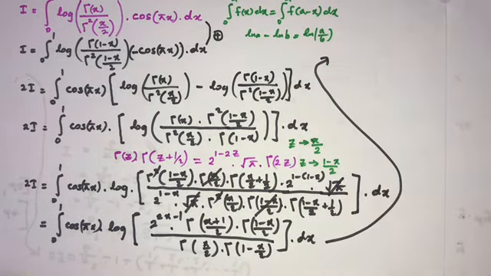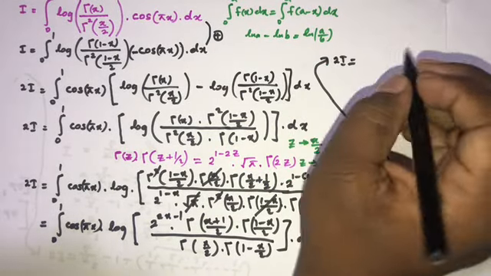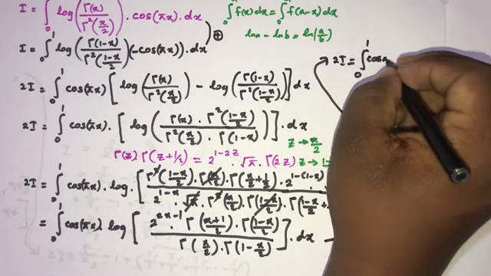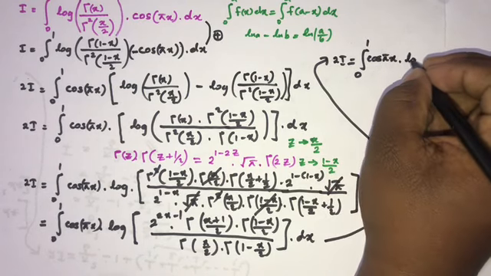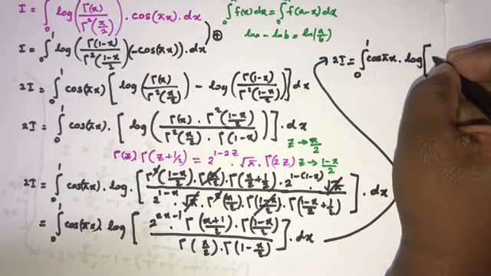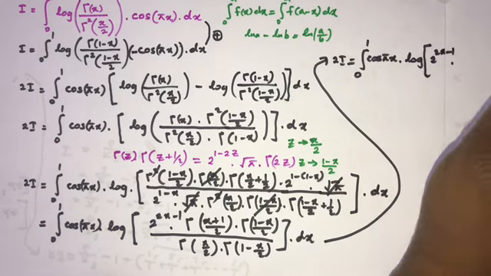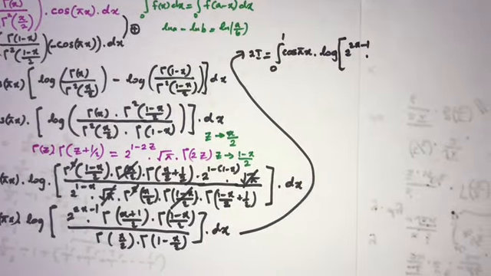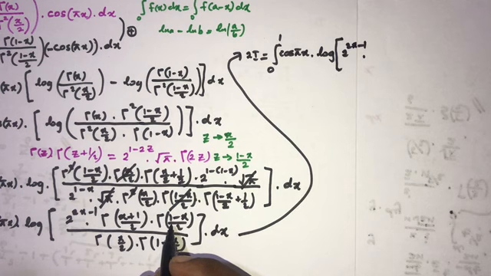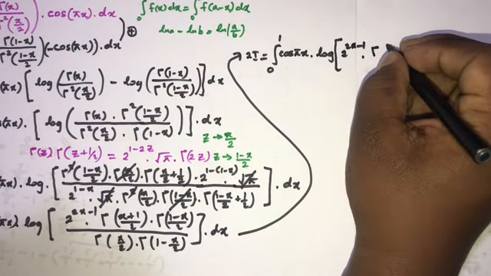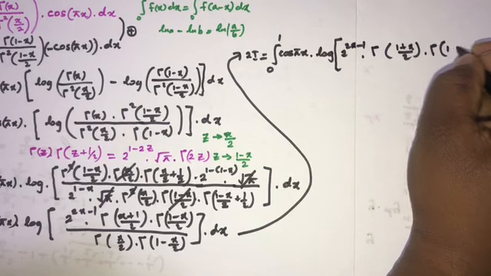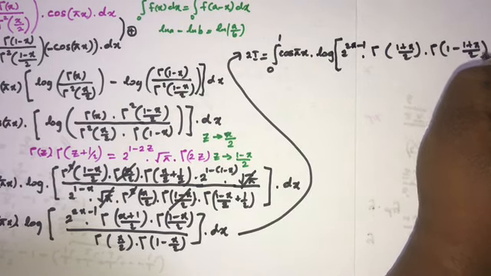Next step we can write 2 times I is equal to integral from 0 to 1 cosine of pi x natural log of, now we know here 2 raised to the 2x minus 1, then here gamma of x plus 1 over 2, gamma of 1 minus x over 2, so I am going to write gamma of 1 plus x over 2 times gamma of 1 minus 1 plus x over 2.